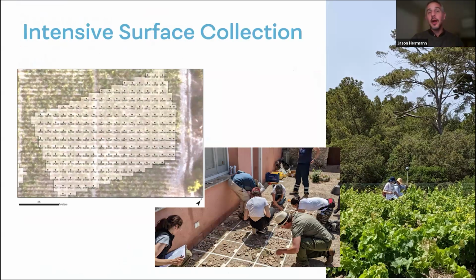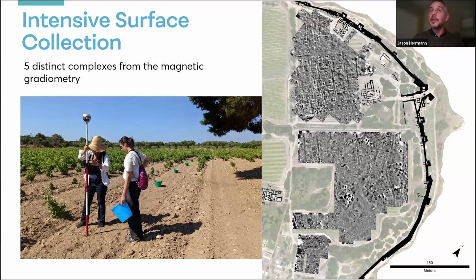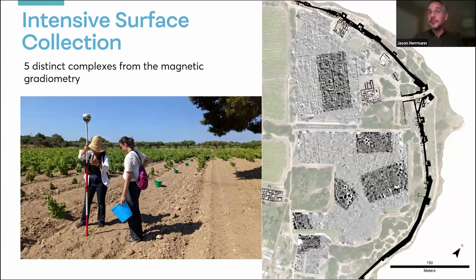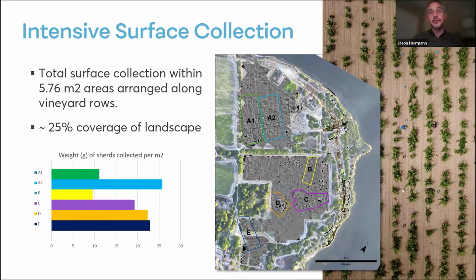Surface collection helped us to date some of the features. We basically collected artifacts at regular intervals over the land surface, and then connected those spatially with the buildings we could see in the geophysical data.